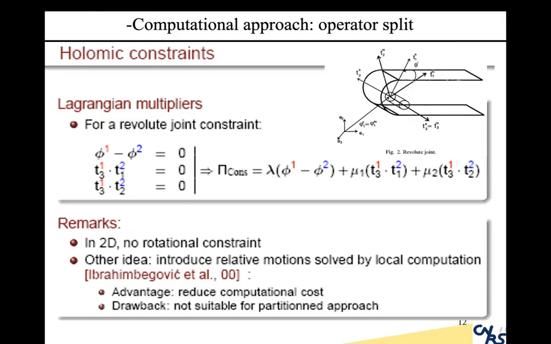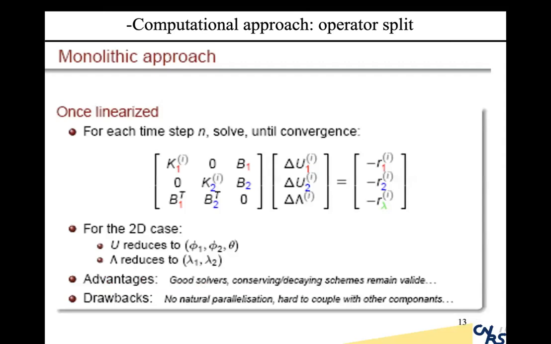In fact, if I'm handling a revolute joint, the only thing I care about is that there are 2 different rotations around axis T3, but other than that, everything else has to be the same. So if I first start computing this by using the method of Lagrange multipliers, I have to do the computation for the first component, the second component, and also bring all these 5 Lagrange multipliers each time I put in a revolute joint.